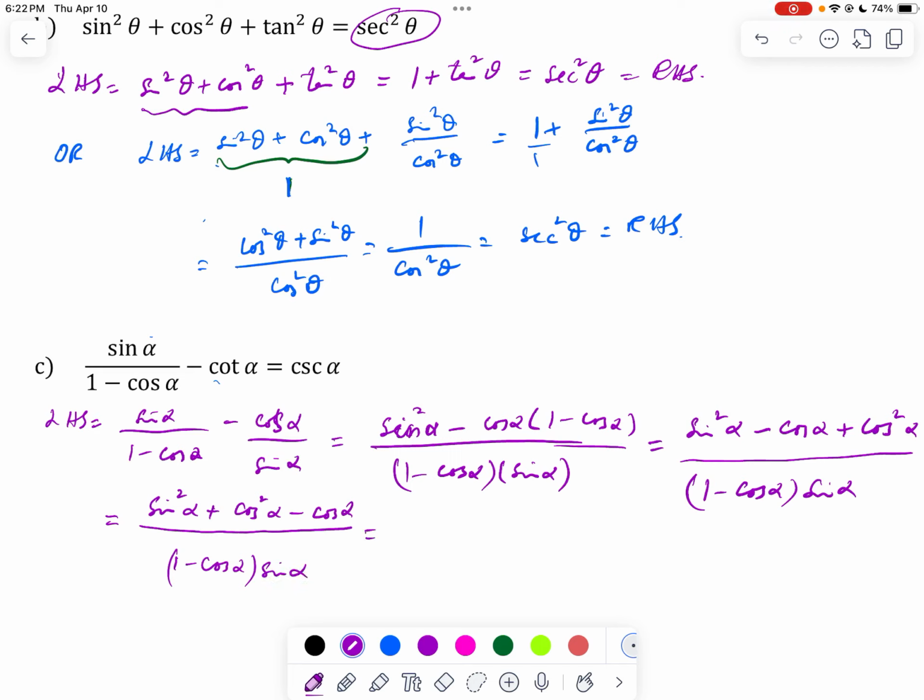Now what is the top? Well, again, sine square alpha plus cosine square alpha is 1. So the top is 1 minus cosine alpha, and the denominator is 1 minus cosine alpha times sine alpha.